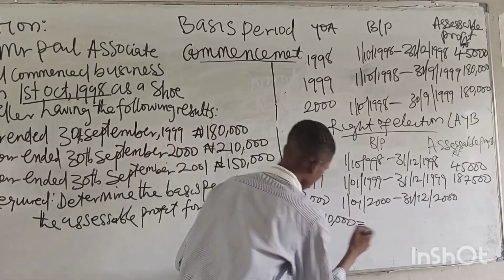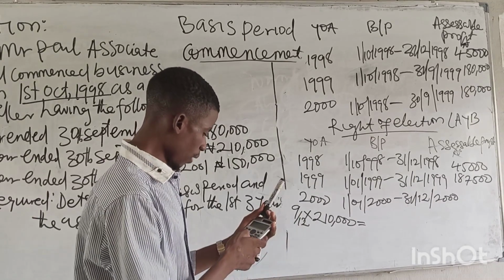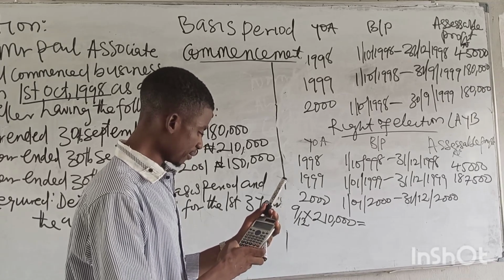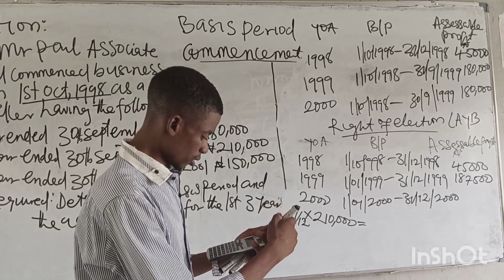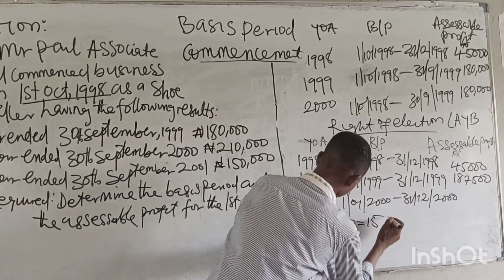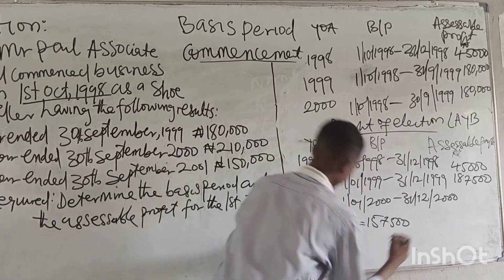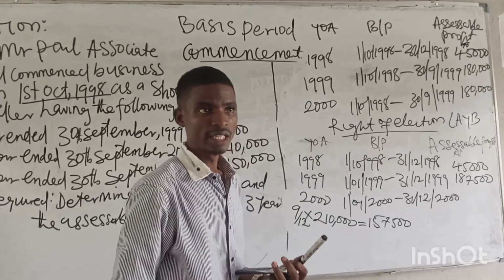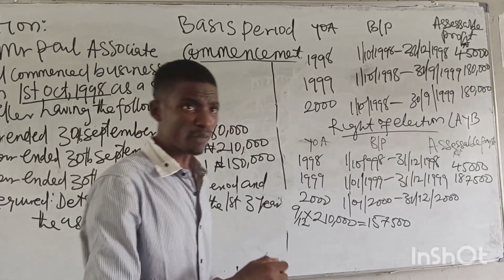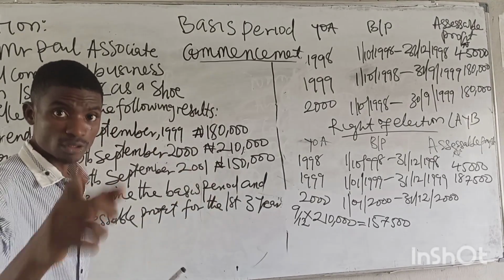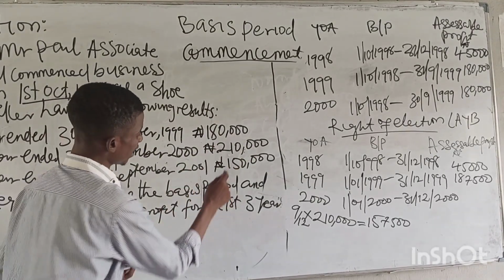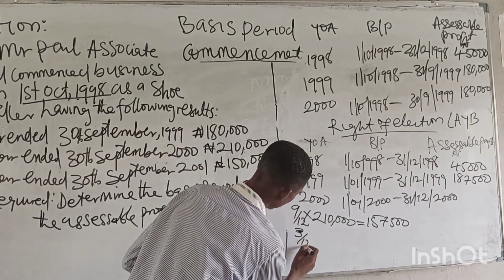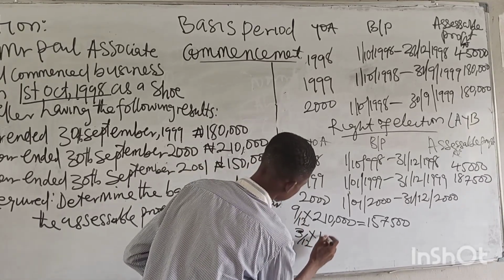And when we calculate it, let's see what we have. We have 9 over 12 times 210. We are having 157,500. But it's still remaining 3 months, because from here to here is 12 months. The next 3 months, we take it from the profit of the next year, which is year 2001. So we are going to take the next 3 months from here. So we now say 3 over 12 times 150,000.